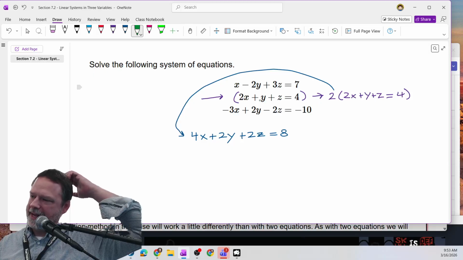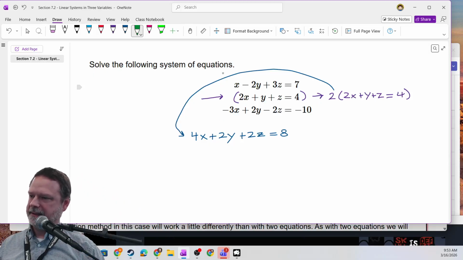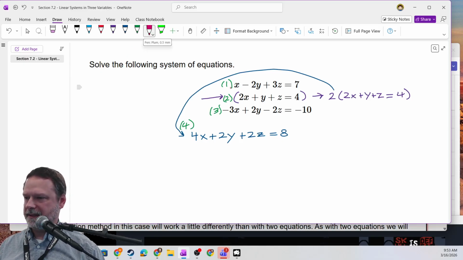And what will happen if I add, let's say this is equation 1, this is equation 2, this is equation 3, and now we call this one equation 4 over here. So what happens if I add 1 and 4 together now?